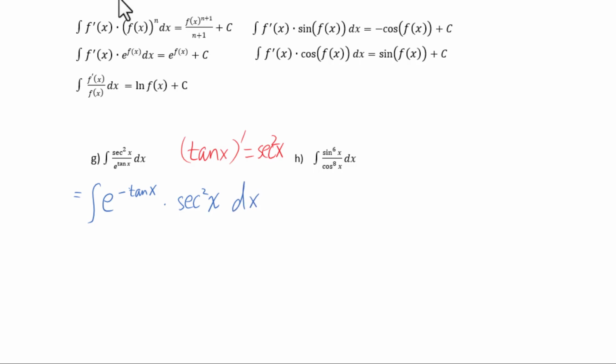For negative tangent x, prime, equals negative secant squared x, I will create this negative sign, then put the negative sign outside. Then we will get negative e to the negative tangent x plus c. I'm using this formula.